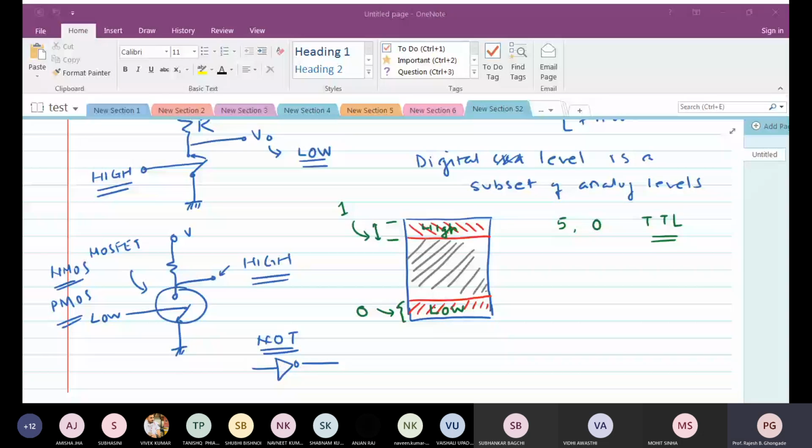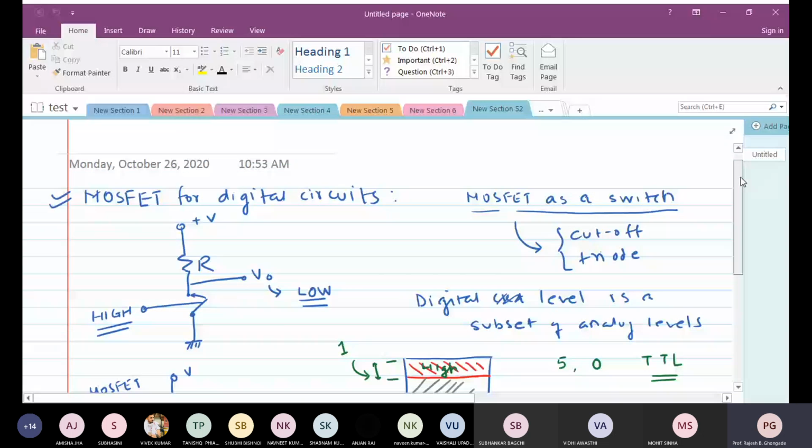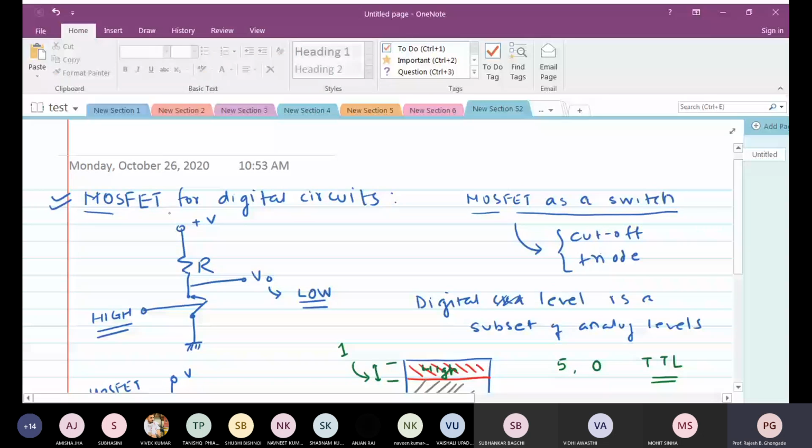As somebody has said that he was not able to connect yesterday for the last few minutes, so I'm going to repeat some part. Now, when we talk about MOSFET as digital circuits, basically what are the digital circuits? They are simply the switches, or they are also called switching circuits.